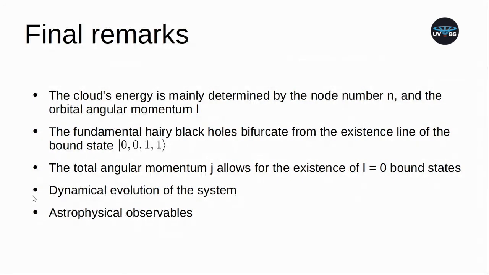Okay, so one thing that we can do now is try to investigate the dynamical evolution of the system. We already have some of this type of evolution for the scalar case, and we can try to extend that to other bosonic fields, which is the case of the vector boson. And we can also try to obtain astrophysical observables.